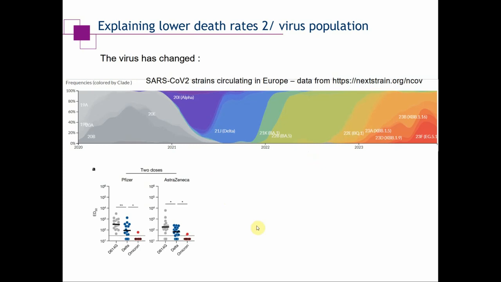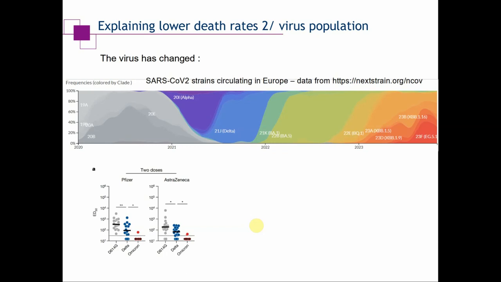The reason this is happening is because if you look at people who've been vaccinated and the ability of their blood to neutralize the virus, the gray dots are the wild type virus. The higher the scale is up here, the more active the serum is at neutralizing the virus. So vaccinated people were protected from the wild type virus, a little bit protected against Delta, and against Omicron, nothing.